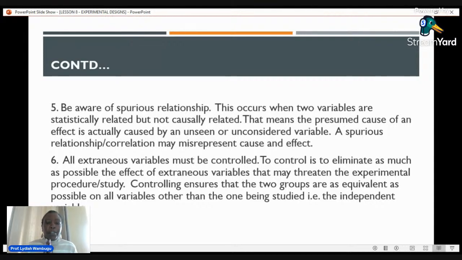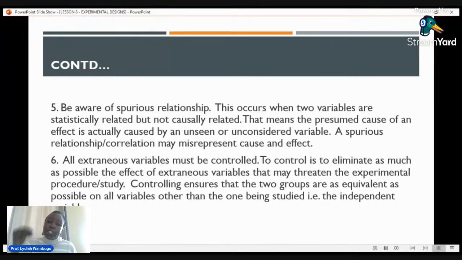Be aware of spurious relationship. Now, spurious relationship or spurious correlation is a state where you may misrepresent causality. Spurious relationship or correlation means two variables are statistically related, but they are not causally related.